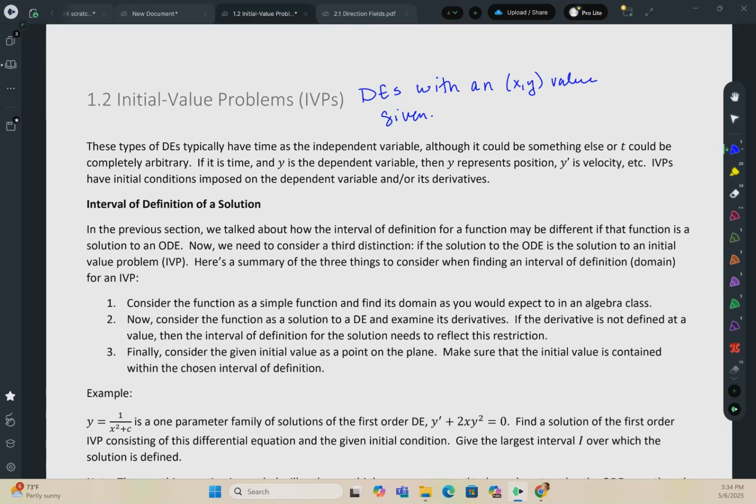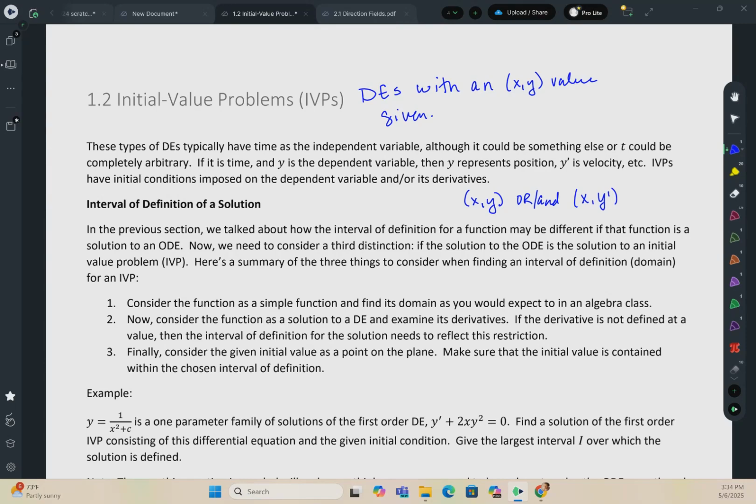IVPs, or initial value problems, have initial conditions imposed on the dependent variable and or its derivatives. So we might see information about x and y, and x and y prime, right? So some information about where the solution goes through and some information about where its derivative goes through.